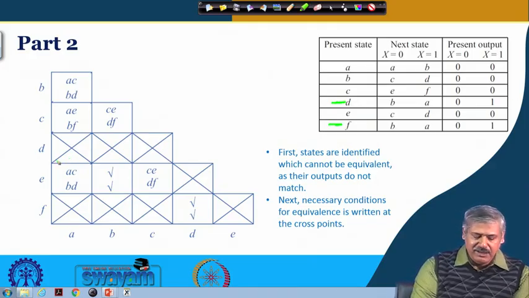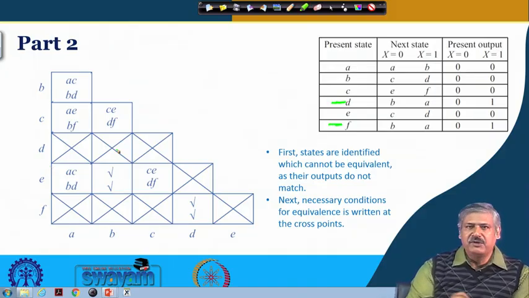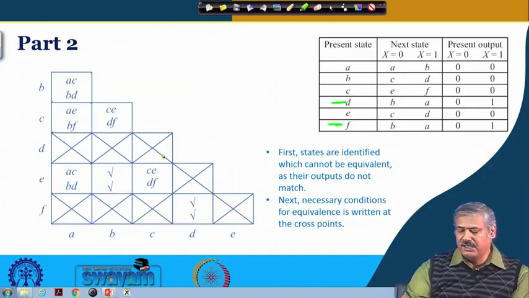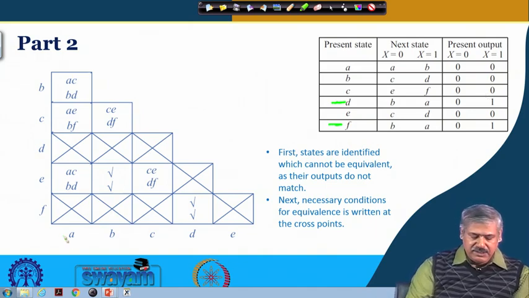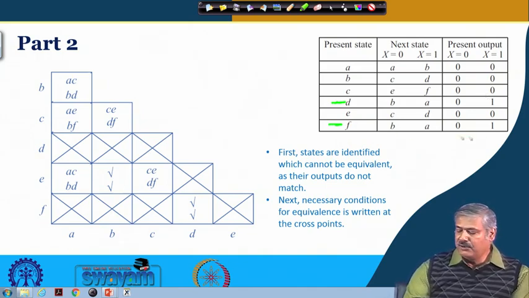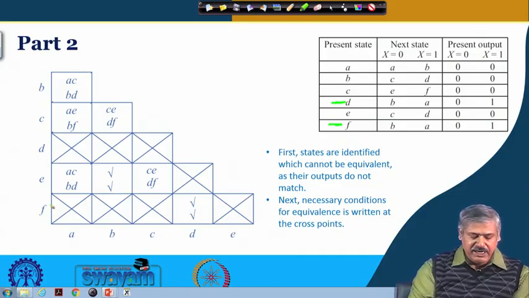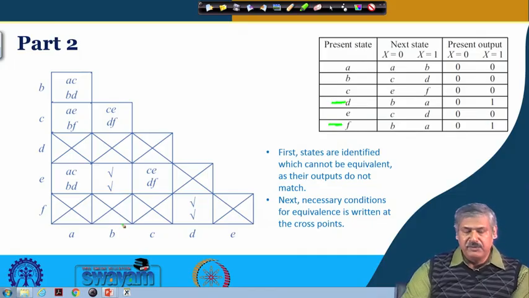So D and A, you are crossing it, they cannot be equivalent. Similarly D and B cannot be equivalent because outputs are not matching. Similarly D and C cannot be equivalent, right? Is it fine? What about A and F? F is the other one where the output is 0, 1. So A and F cannot be equivalent. F and B cannot be equivalent.